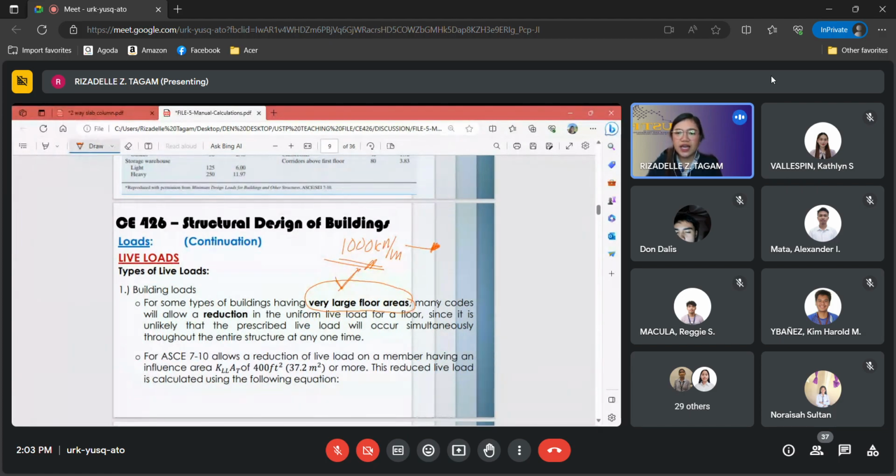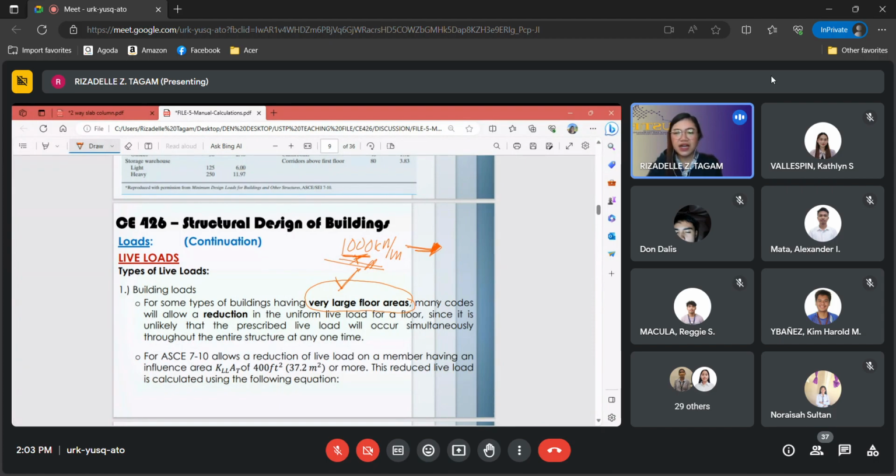Because the concept is that the 1,000 is not applied all at the same time. That is its maximum limit of loads, but because it is a live load, it will not be applied to the structure at one time.